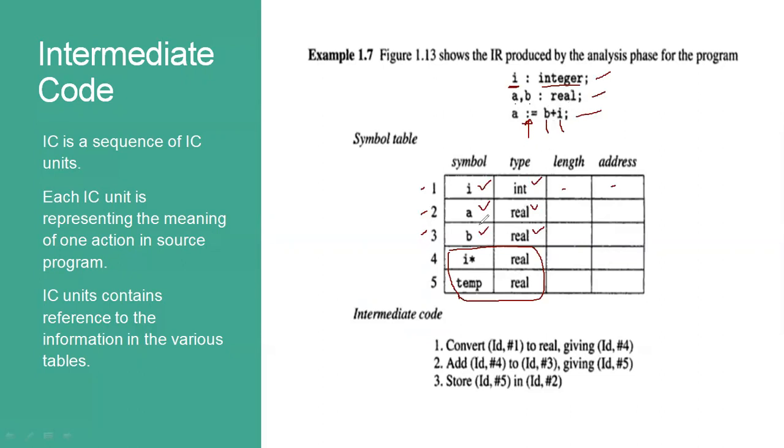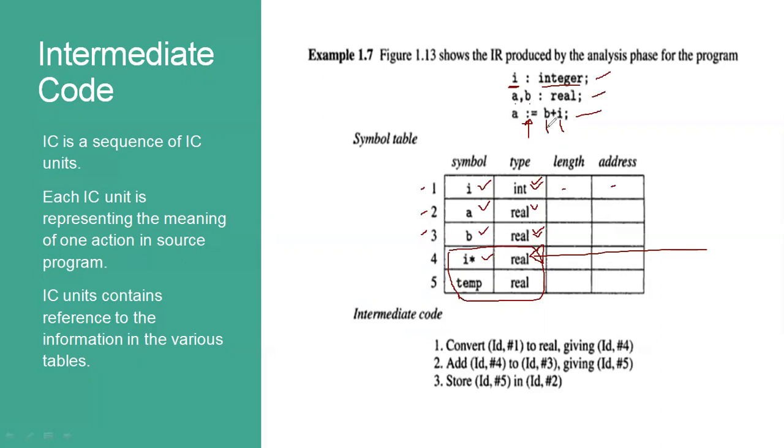Now B's data type is real. I's data type is int. So how to add int and real? As far as the C language is concerned, you know that both operands must be of the same data type. So that's why I is converted to real and it is saved as I star. Now B is real, I is in the form of I star, which is real.